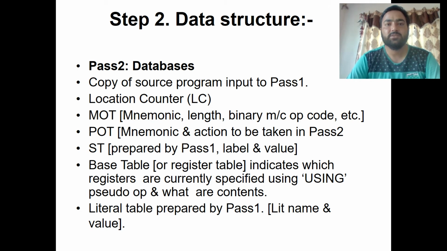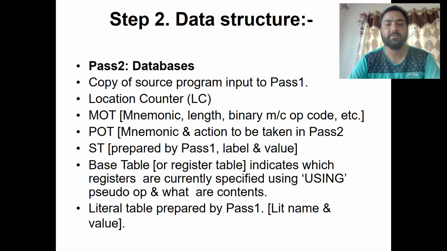Then step 2 is the data structures that we are using, which are used by pass 2 of the assembler. So it uses the copy of source program input to pass 1, then location counter, then MOT machine opcode table, then pseudo opcode table, then symbol table, which is prepared by pass 1.